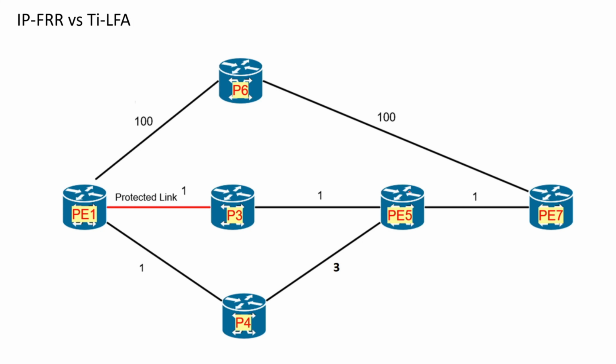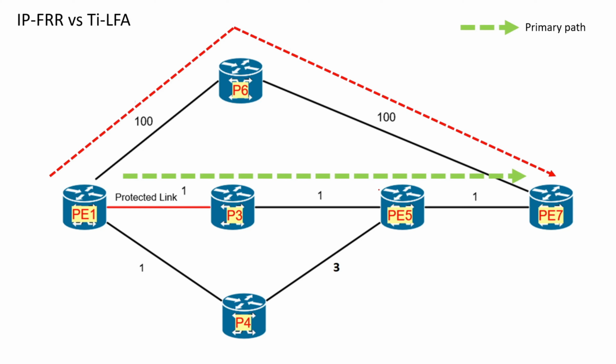If we talk about the difference between IP-FRR and Ti-LFA, let's say the primary path from P1 to P7 goes via P3, P5, and then the IP-FRR path goes via P6, that is via a suboptimal path.